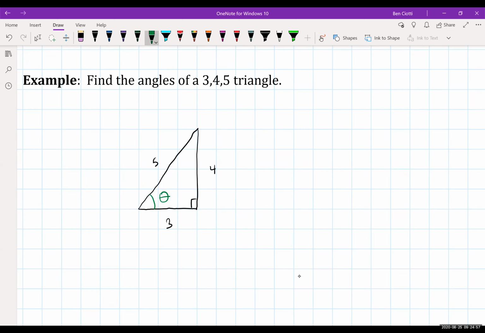Up until this point in the class, we did not have the tools to figure out what theta was. But now that we've learned about the inverse trig functions, you can tell me what theta is, in degrees, at least to the nearest hundredth or so. So let's do that. In fact, I'll do this one.